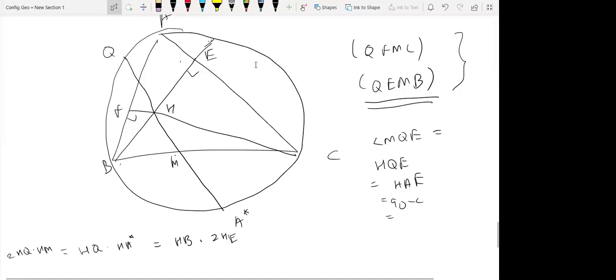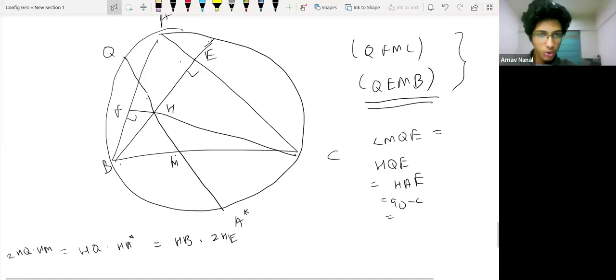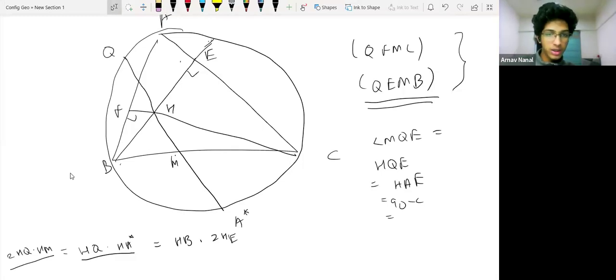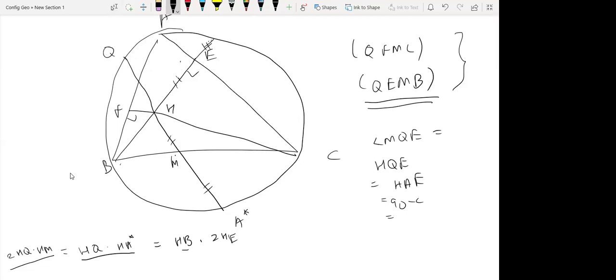Wait, how do you get it by power of a point? So consider this: HQ times HA' is equal to HB times 2HE, because these two are equal. So HQ times HM is equal to HP times HE.